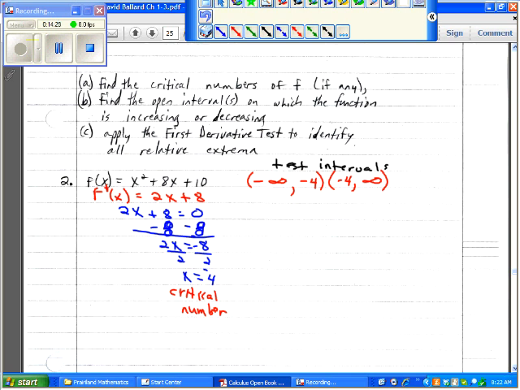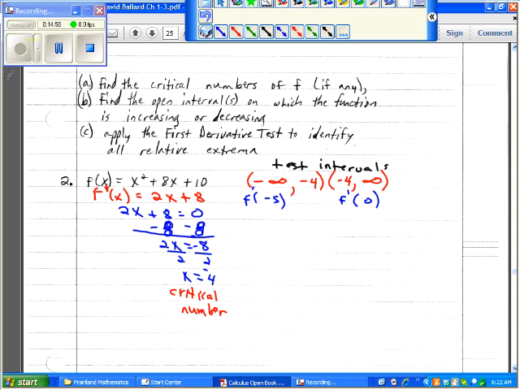Okay, so we want to choose something within that interval, right? So we're going to do f prime of something within there, which we could choose negative 5. And we could do f prime of something within this interval, which would be like a negative 3, or we could just choose 0. That'd be easier to deal with.